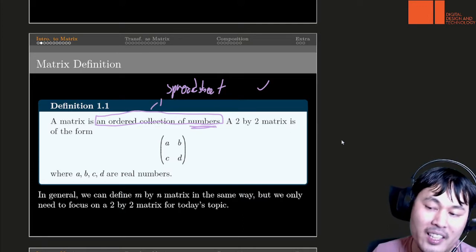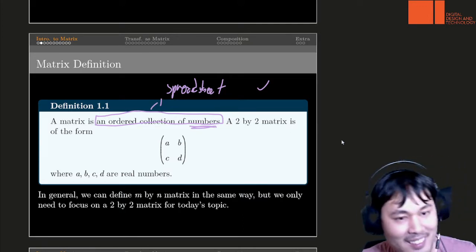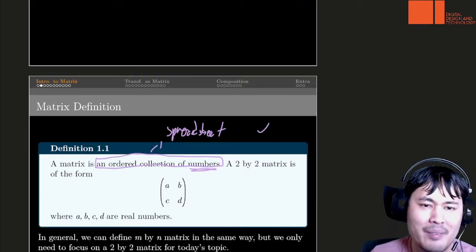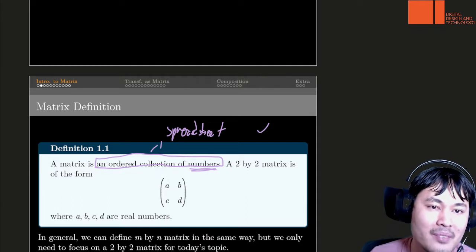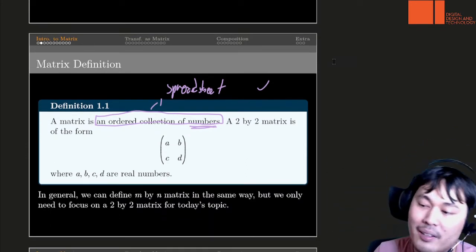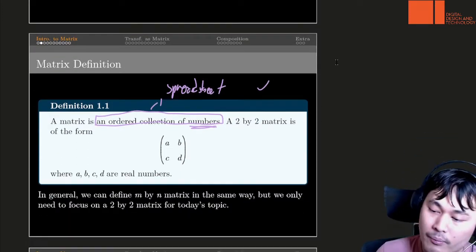You are free to put anything inside a matrix. You can even put a matrix inside a matrix, which is kind of a fun concept, I guess, but difficult. So you can usually put anything, but for now, let's imagine that it's numbers inside a matrix.